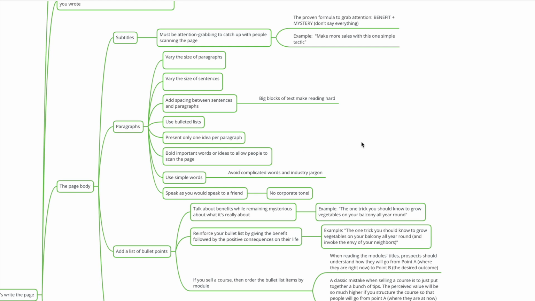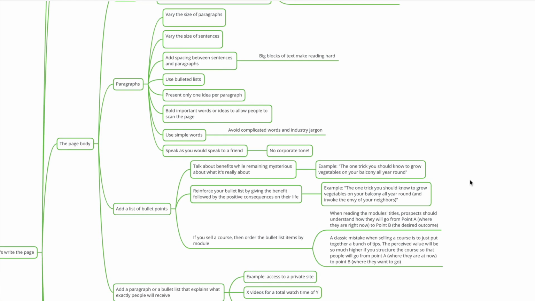Also, you should use simple words. Avoid complicated words, words that are fancy, words that are not used often. Avoid this kind of word. Avoid industry jargon. You want to speak as if you were speaking to a friend who doesn't know much about your industry, who's not an expert.